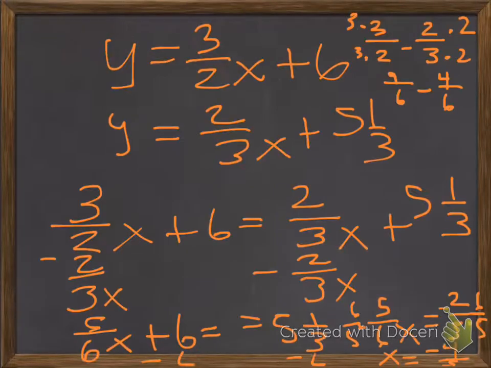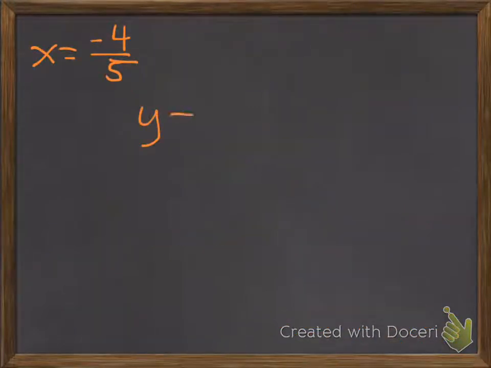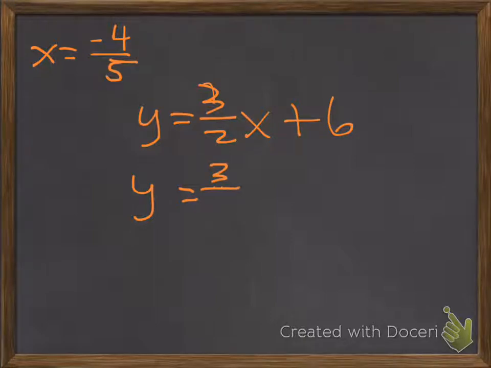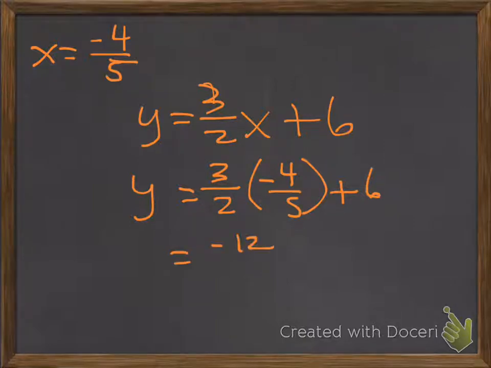And then we're going to plug in negative 4/5 into either equation. Let's just take the first one, y equals 3/2 x plus 6, and solve for y. So I get negative 12 over 10 plus 6.